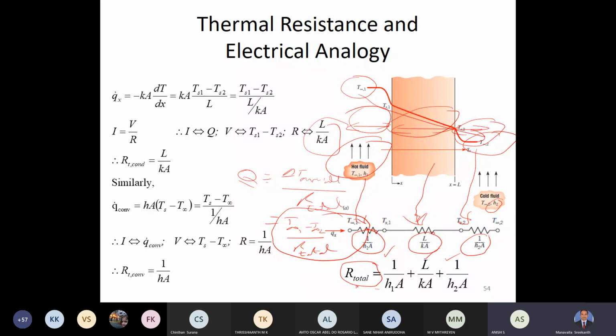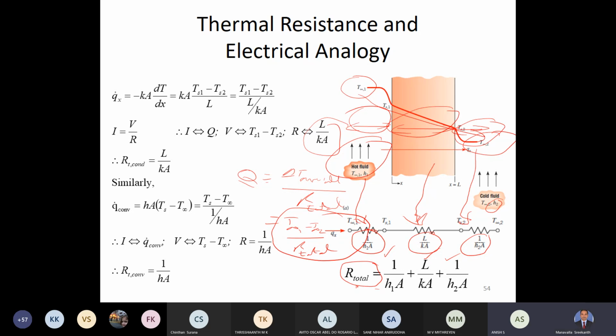A recent application of this electrical network or electrical analogy has been in finding the temperature distribution in electric motors. In electric motors, there is a stator, there is a rotor, there are magnets, and there are so many resistances inside. Some of them are connected in series, some of them are connected in parallel thermally.